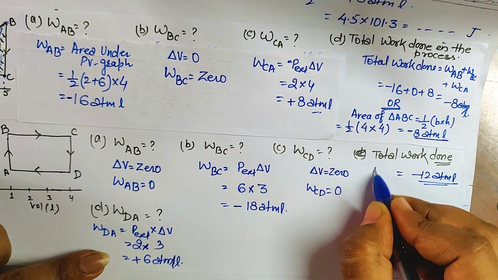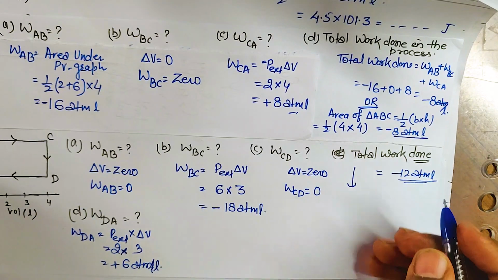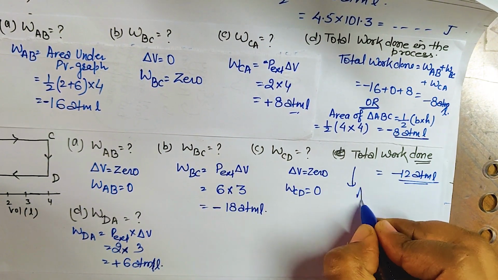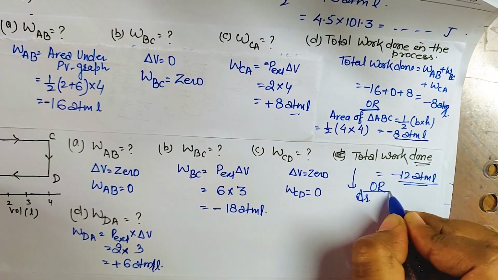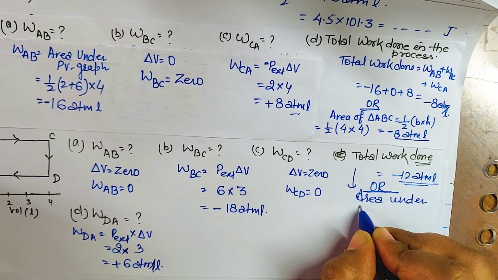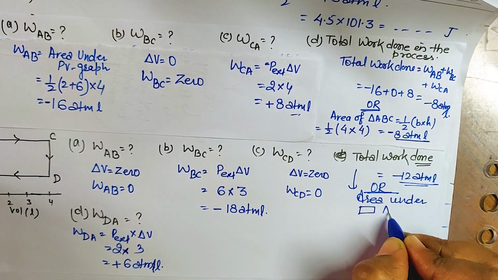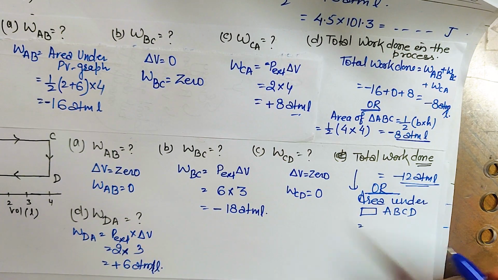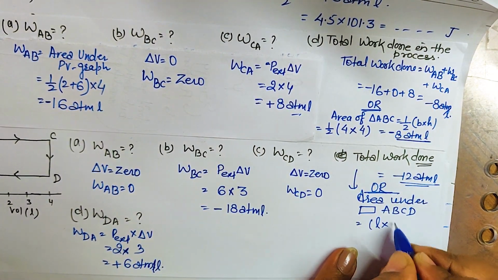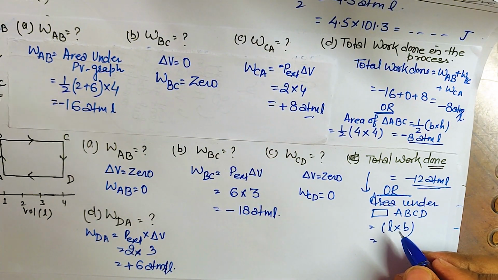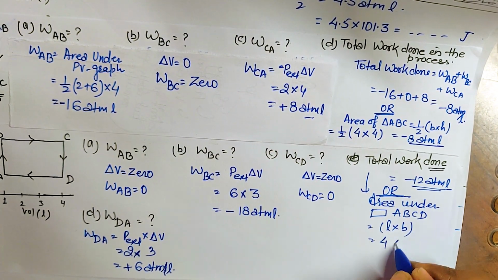Now just do it in the area form. So we can say that total work done is equal to the area under the rectangle ABCD. What is the formula? L into B. So for L, check here: this is 2 and this is 6, so it is 4.